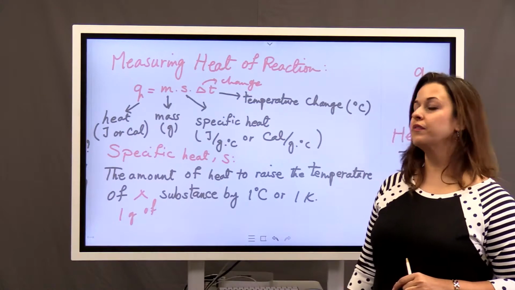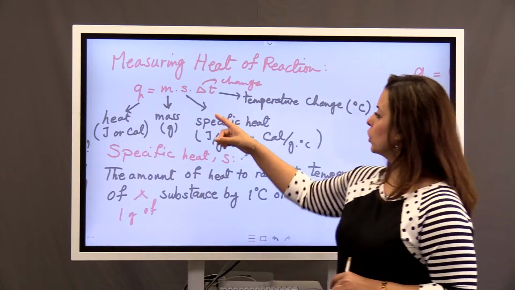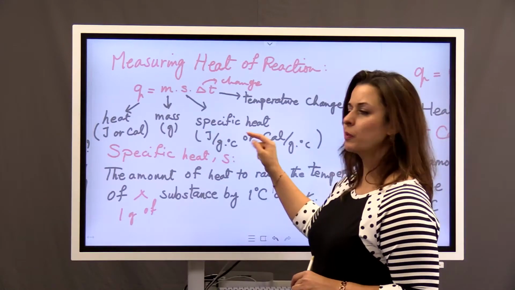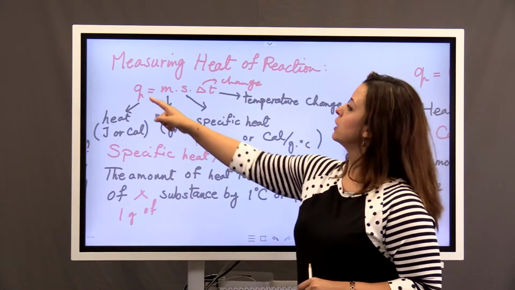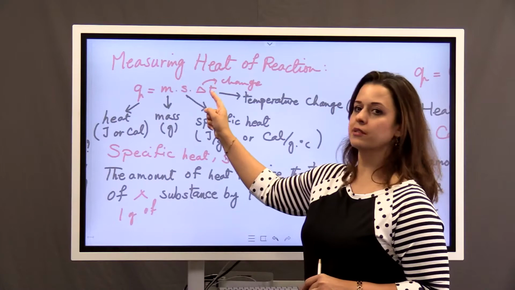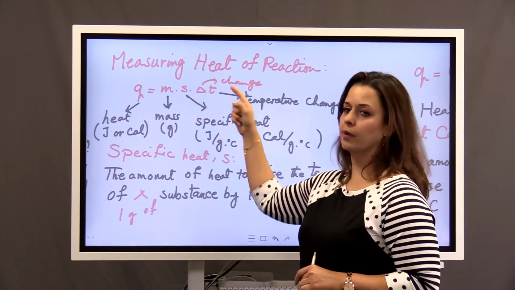How do we know what's the unit for specific heat? It is Q over M delta T, right? It's joule per gram degree Celsius or calorie per gram degree Celsius.